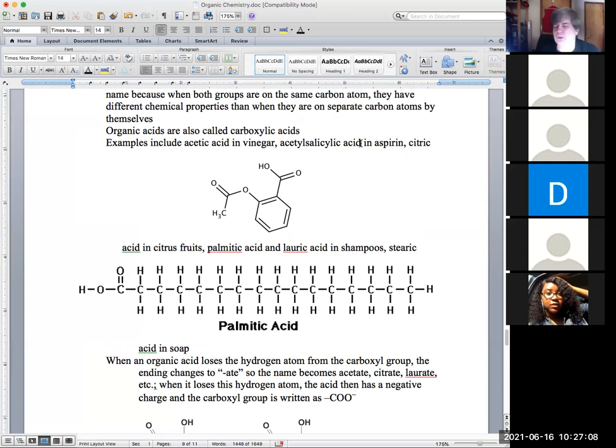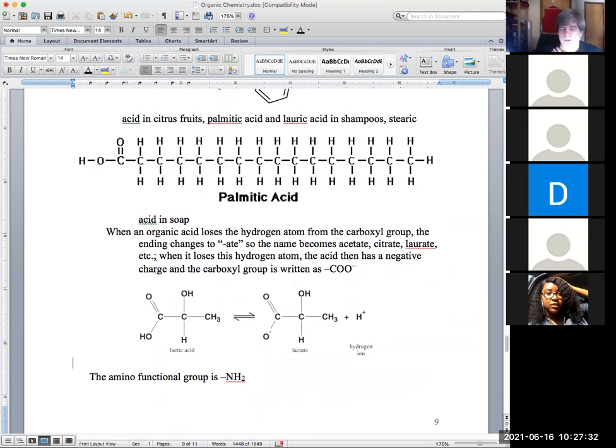When the carboxyl group in acetyl salicylic acid loses its hydrogen, it's acetyl salicylate. When the carboxyl group in citric acid loses its hydrogen, it's citrate. So when we see that ATE ending, not always, but a lot of times that's a hint that what we're looking at is something that started out as an organic acid and it lost its hydrogen.